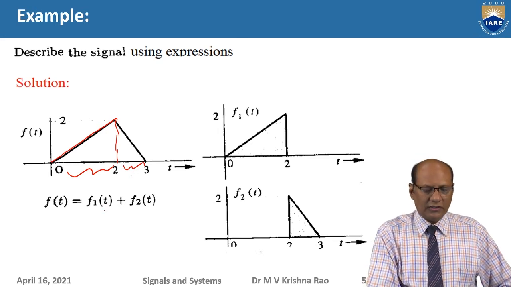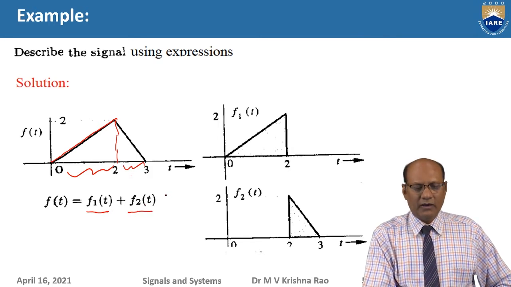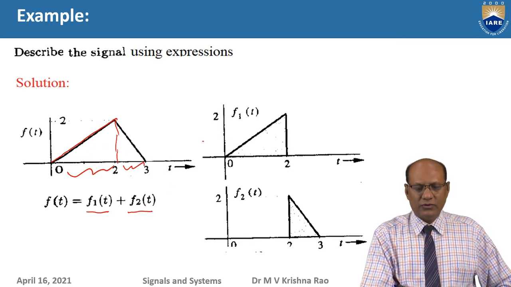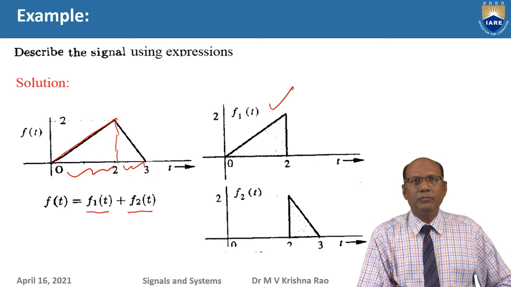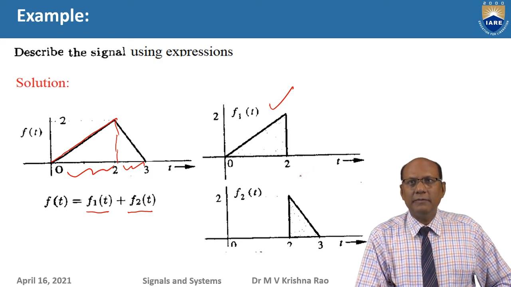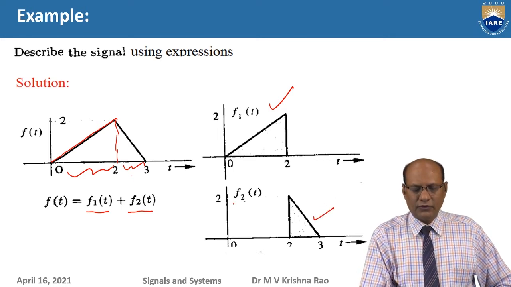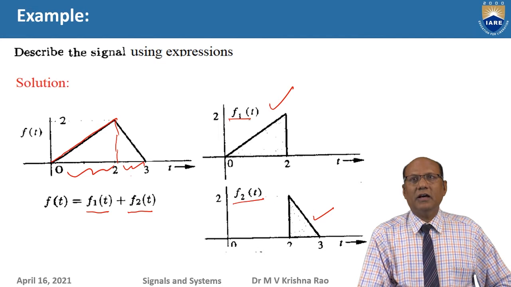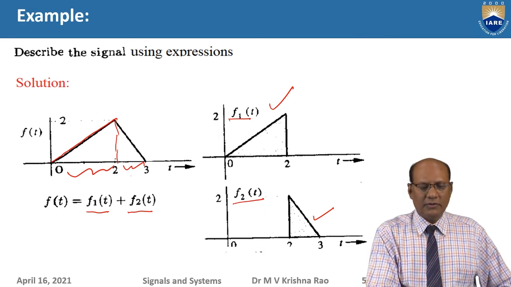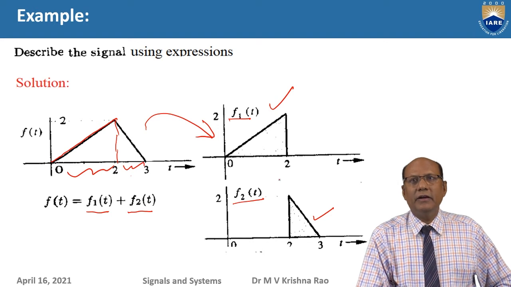Let us call the first straight line F1 and the second straight line F2. I have separated these two and shown them here: F1 is a positive slope straight line, and F2 is a straight line with negative slope.